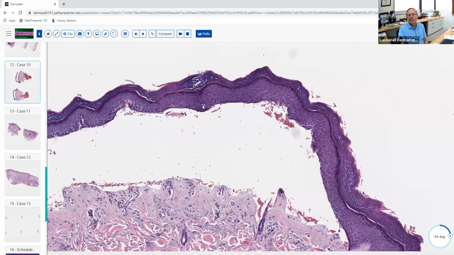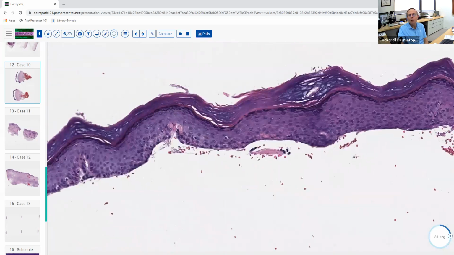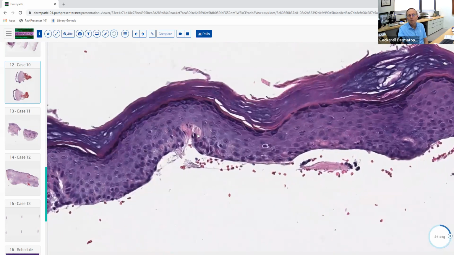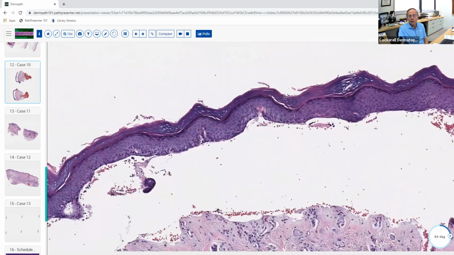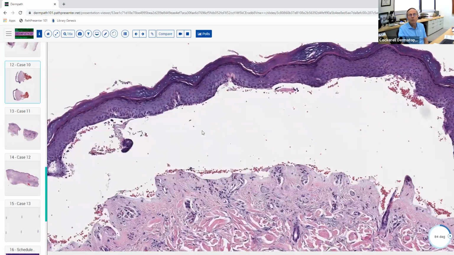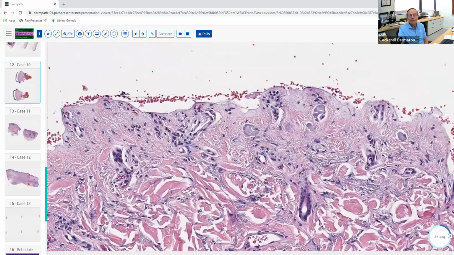And there's one other finding here that's helpful in distinguishing between porphyria and one of the epidermolysis bullosa conditions. That's the presence of so-called caterpillar bodies, which are dyskeratotic keratinocytes in the roof of the blister overlying the subepidermal blister.